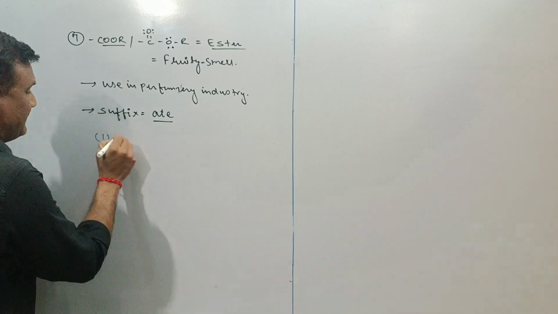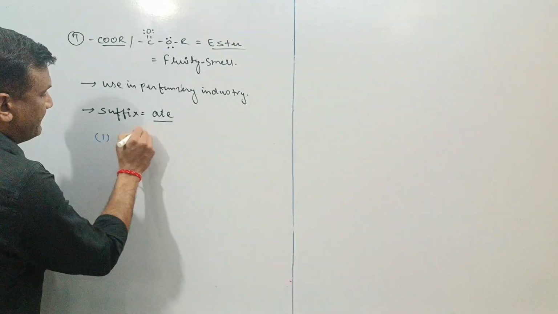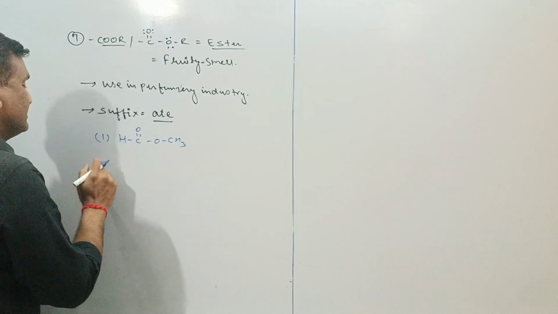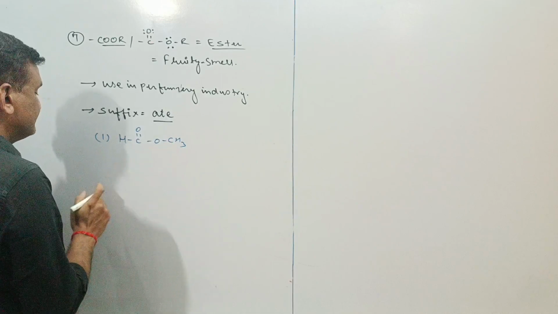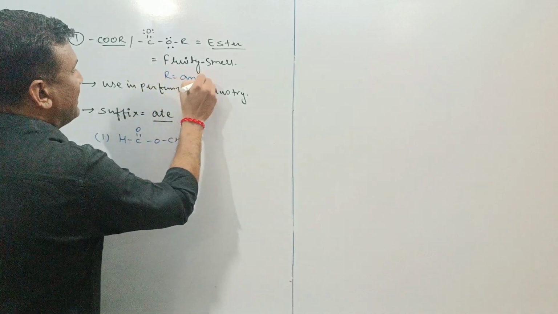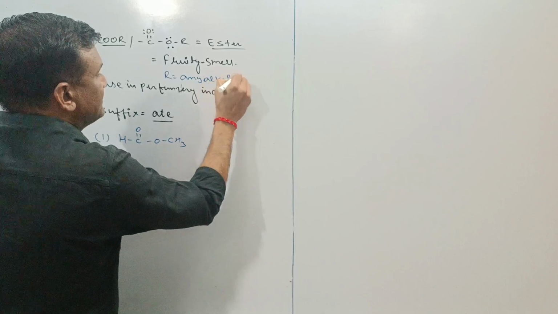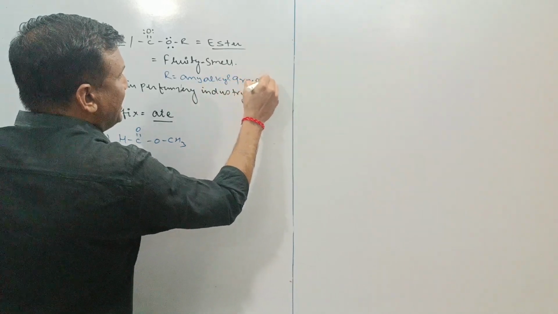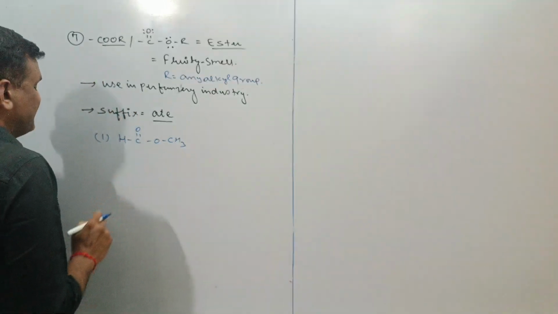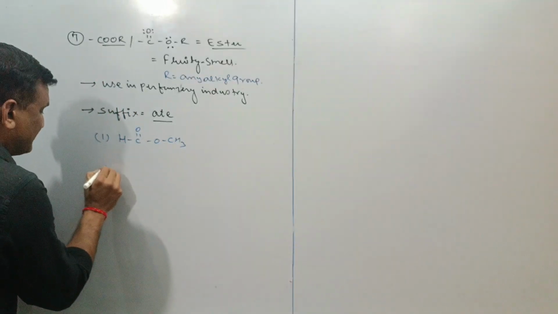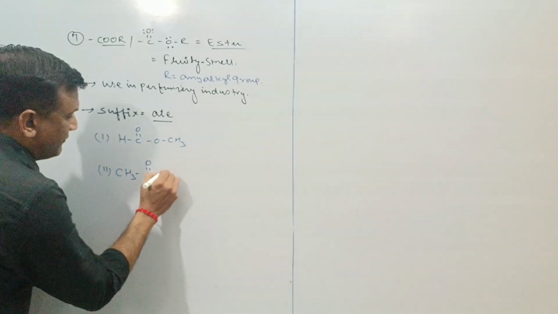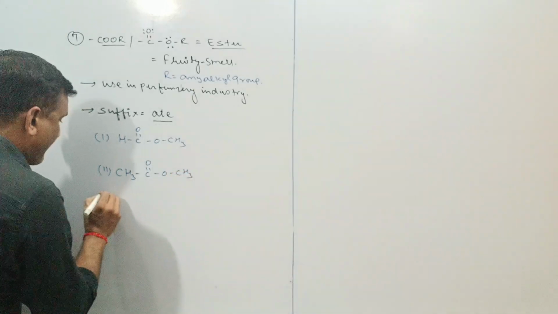Regarding esters, first of all we'll go with HCOOCH3. This is not CH3COOH. This is an ester, COOR. R you can take as any alkyl group which you have discussed: methyl, ethyl, propyl, iso, and so on. So this is a methyl group. Now the second compound, CH3COOCH3.